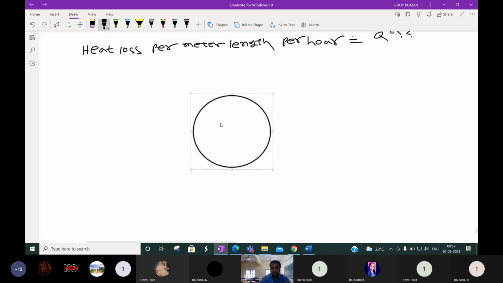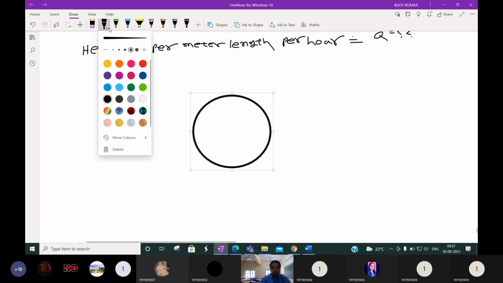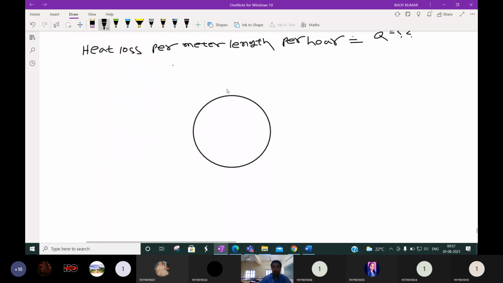What is the surface temperature of the steam?